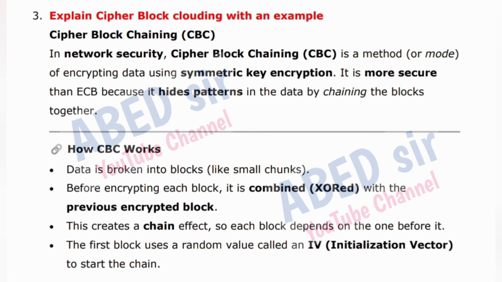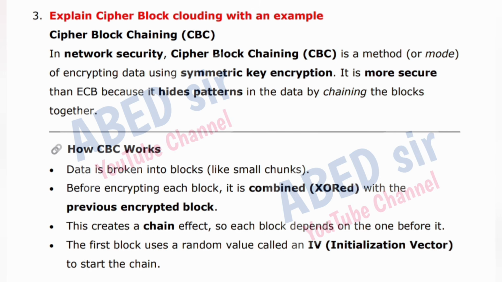Cipher Block Chaining, CBC. In network security, cipher block chaining, CBC, is a mode of encrypting data using symmetric key encryption. It is more secure than ECB because it hides patterns in the data by chaining the blocks together. How CBC works?